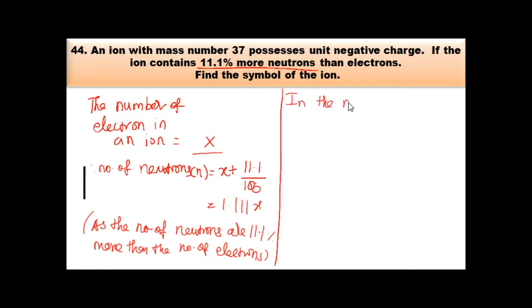In a neutral atom, the number of protons equals the number of electrons.